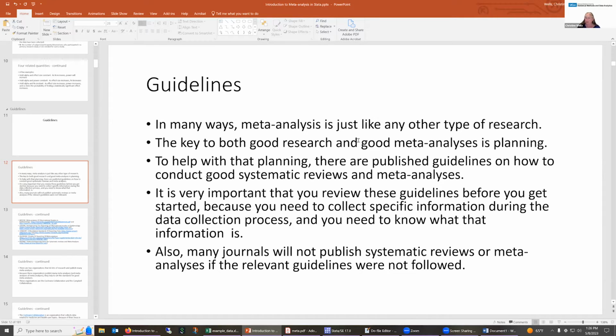If you're new to meta-analysis, you might not know all of these different things that you need to be paying attention to. The guidelines are here to say, hey, you've got to pay attention to this, hey, you've got to collect this information, and to help you along your way.